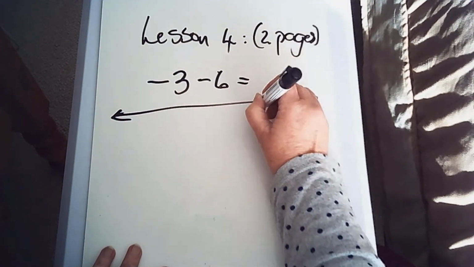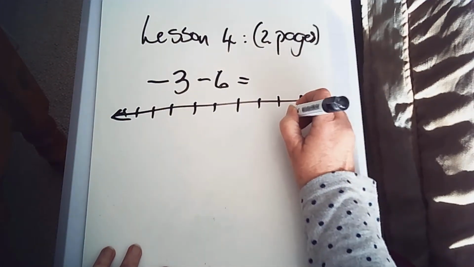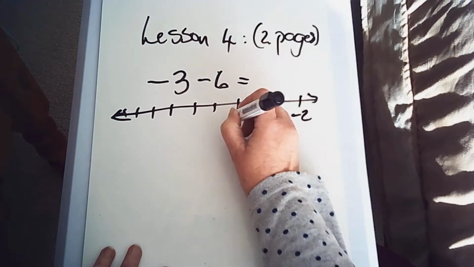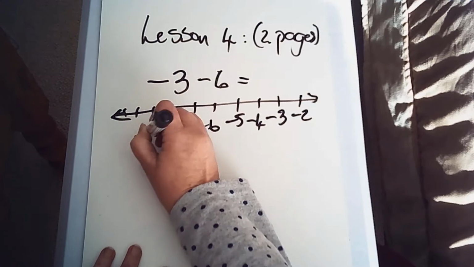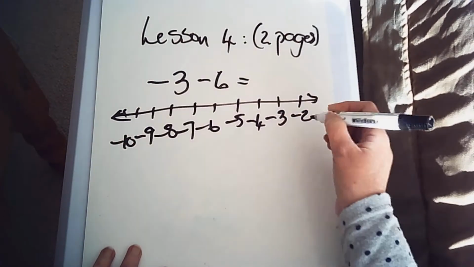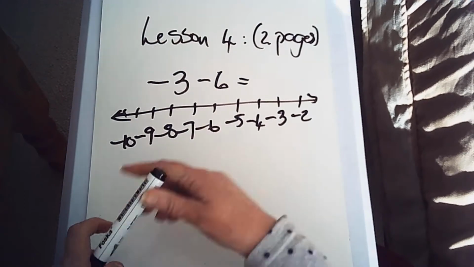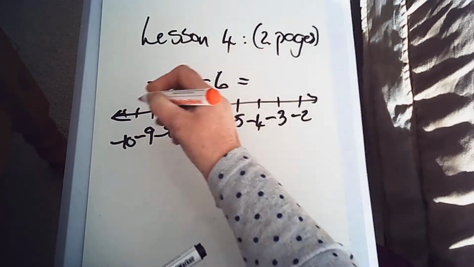So if I've got a number line like this, and I say to you, right guys, there's minus 3, minus 2, this is minus 4, minus 5, minus 6, minus 7, minus 8, minus 9, minus 10, and so on. You know that with any number line, if we subtract, we move to the left of the number line.